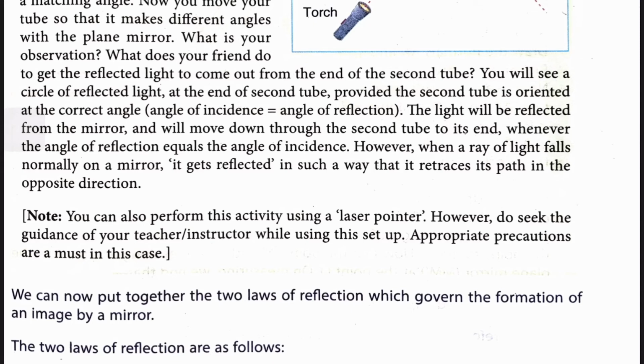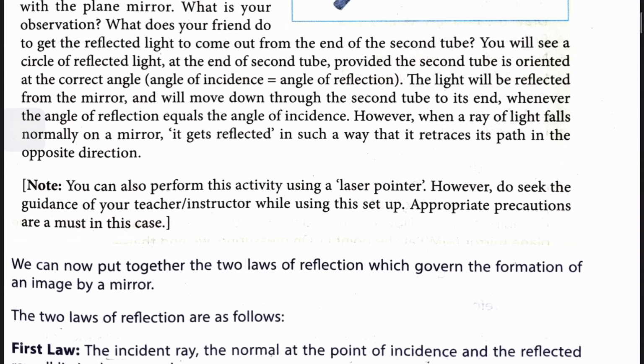Angle of incidence is equal to angle of reflection. The light will be reflected from the mirror and will move down through the second tube to its end whenever the angle of reflection equals the angle of incidence.